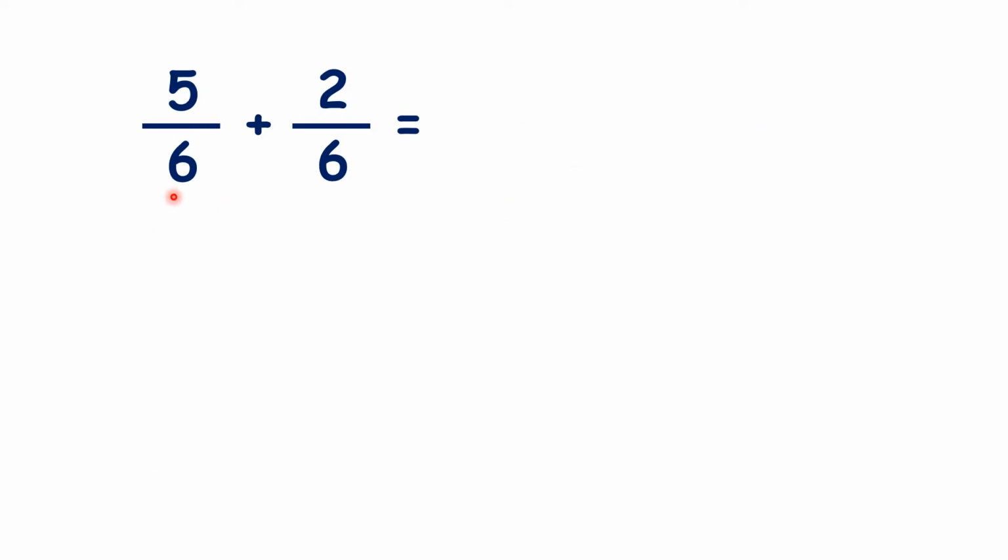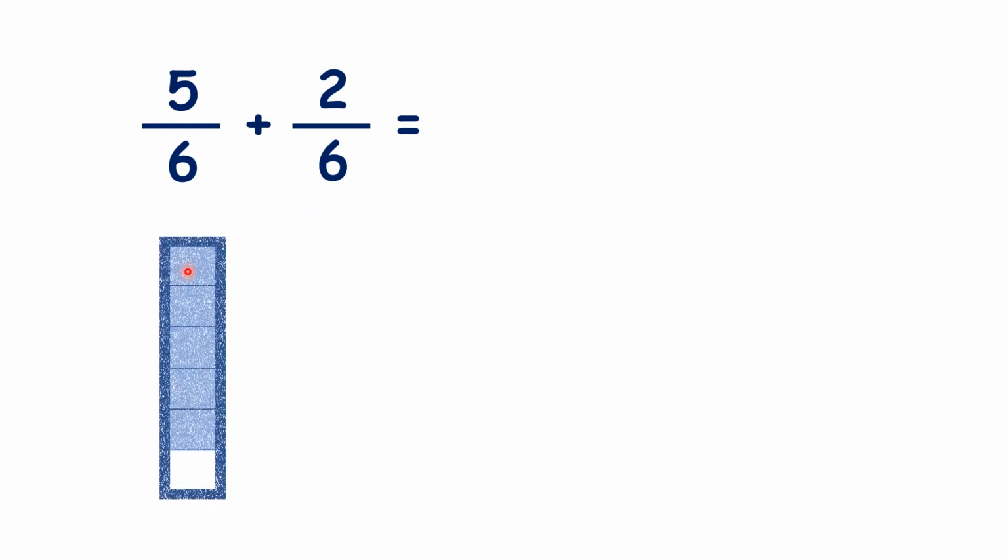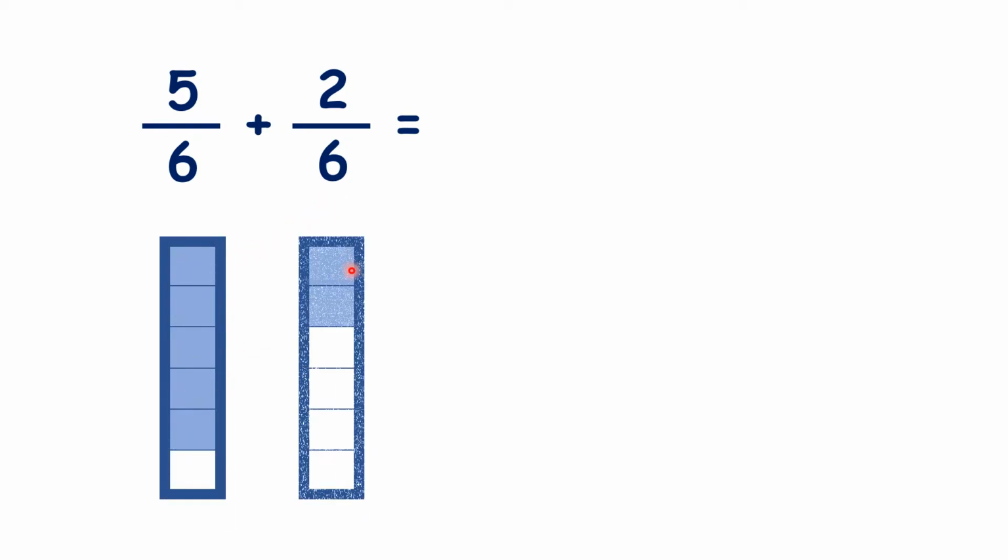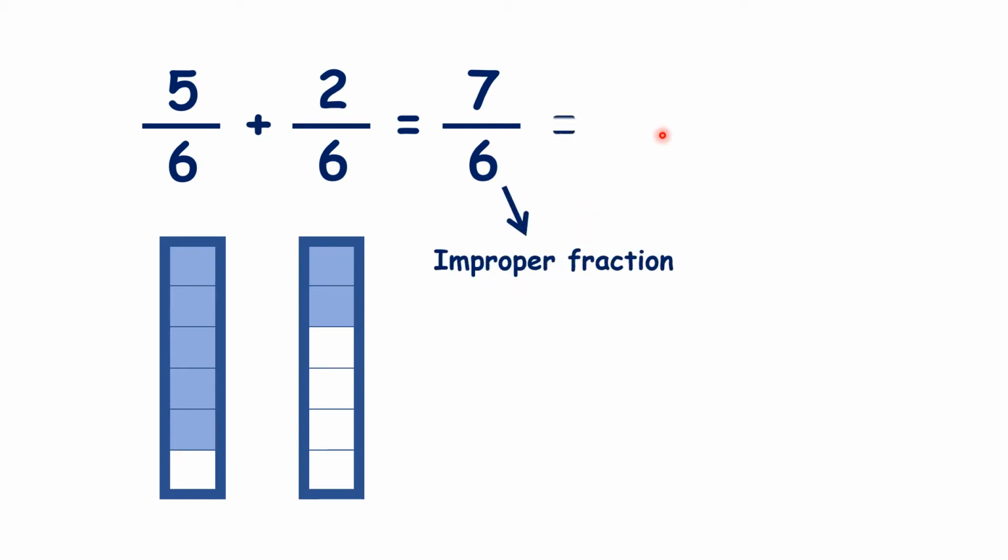So what is 5/6 plus 2/6 as both an improper fraction and a mixed number? We have 5/6 and we're adding 2/6. Now we can count 7/6 all together. That's our improper fraction. But what about our mixed number?